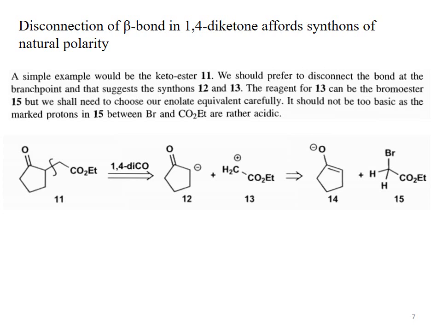So I think you have understood this point. If our enolate, I mean compound 14, is too basic, then it will abstract the acidic proton from the reagent 15 and not work as a nucleophile and remove the bromine as a leaving group, bromide as a leaving group.